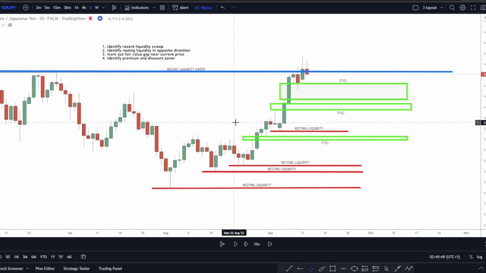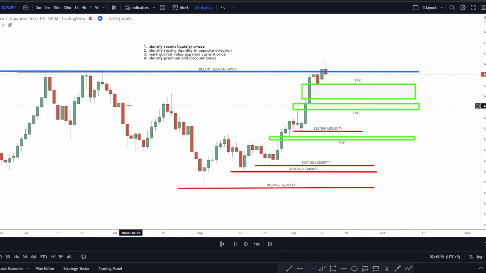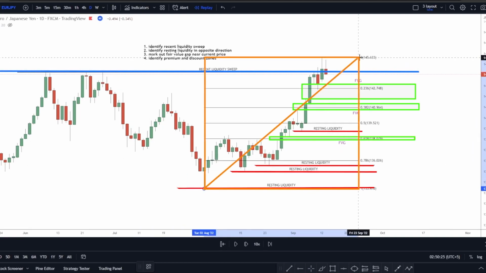Now these were the 3 very important rules: finding the recent liquidity sweep area, identifying the resting liquidity inside this buyers movement, marking out the fair value gaps, and now we need to identify the premium and discount zones. Now what do I mean by the premium and discount zones? So let's just take a Fibonacci retracement tool and draw from the lows to the high area, which is right here.